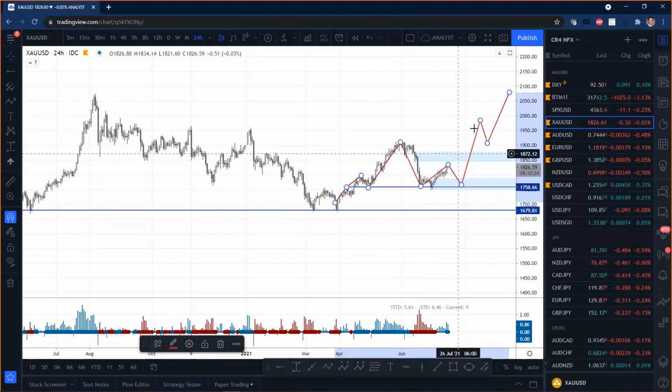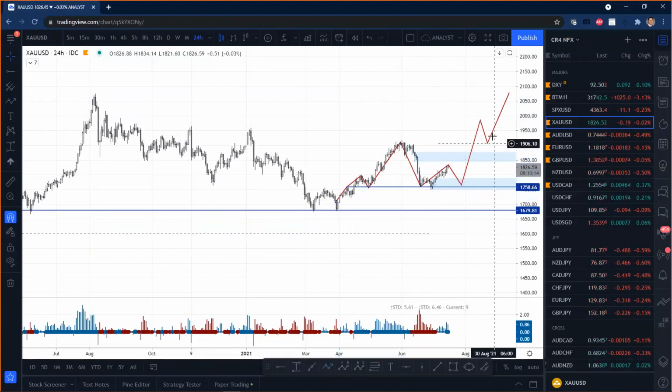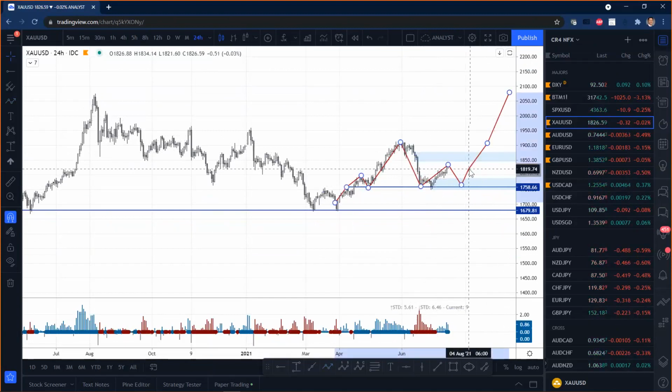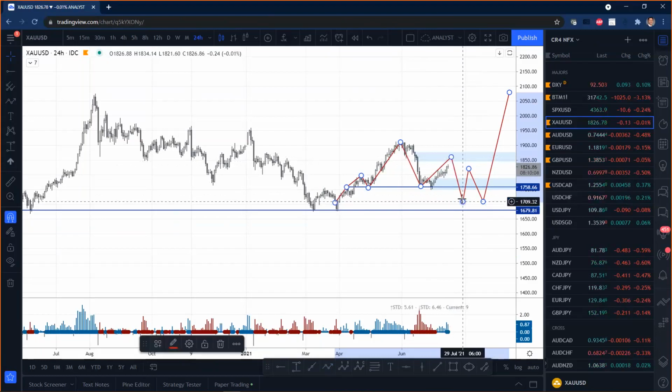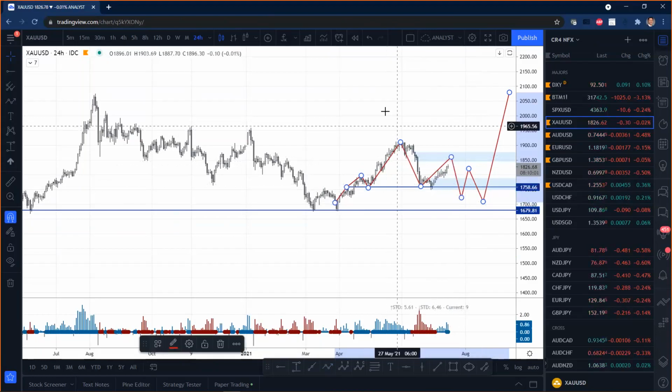If we don't get that sort of break above the psychological 1900 and the 1920, then there's a possibility, right, that prices are potentially going to, especially if this leg comes up here and then you have a sharp move down, then that gives you a downtrend, right?